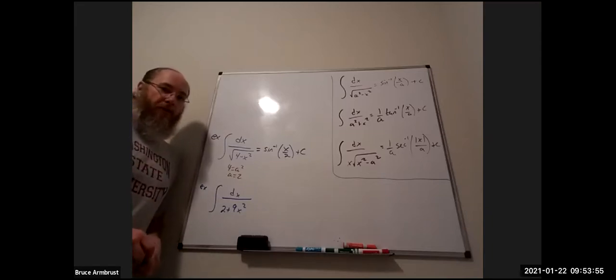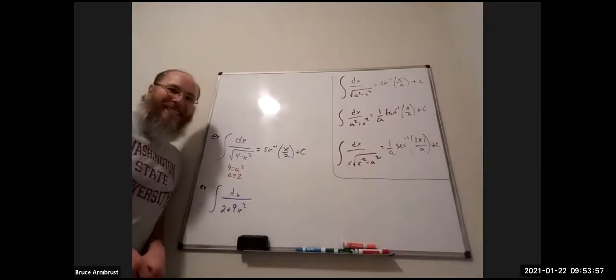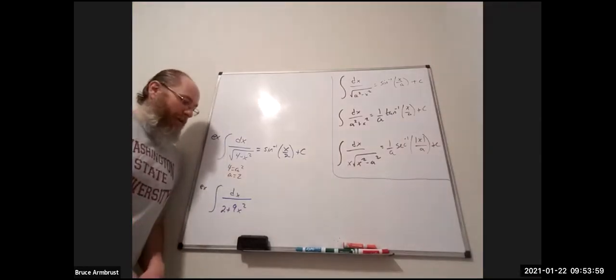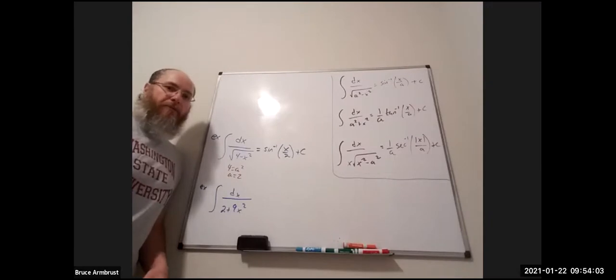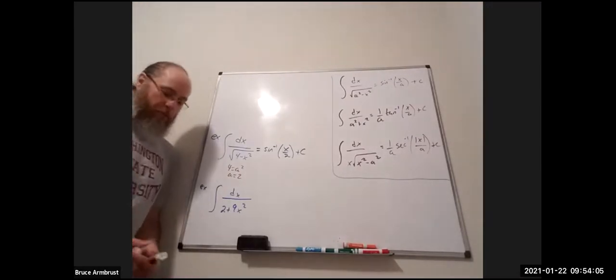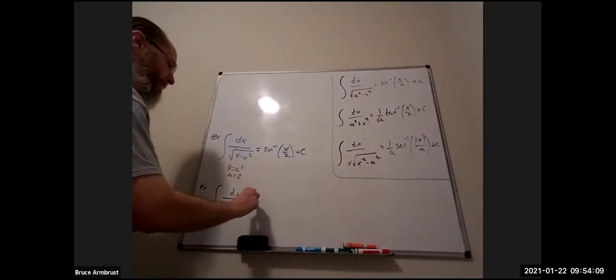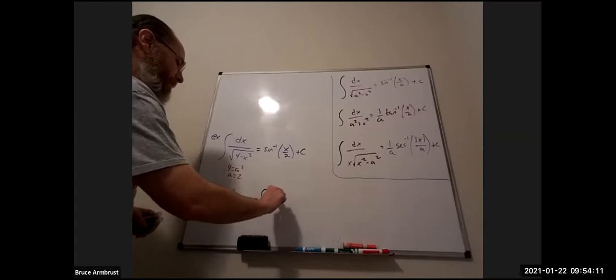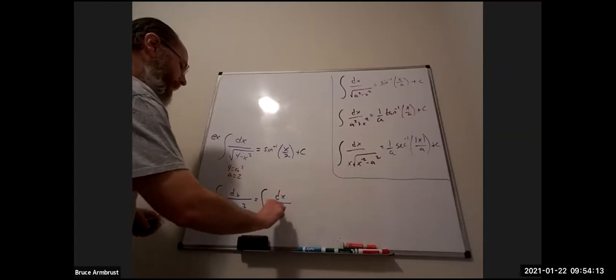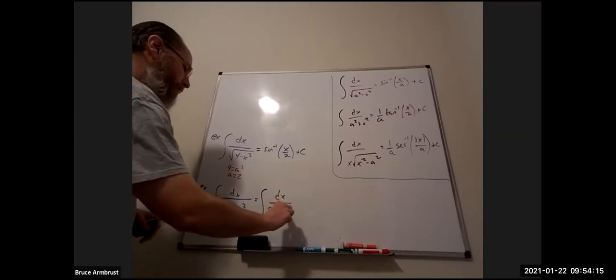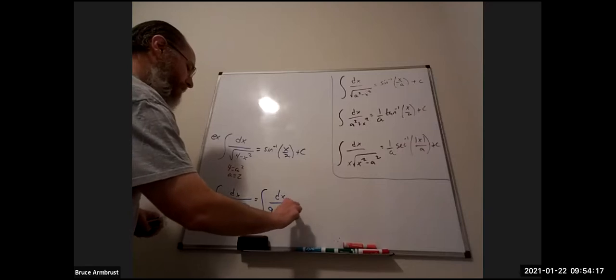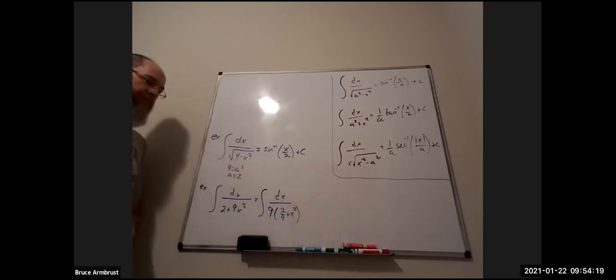So here's what I'm going to do. I'm going to do an algebra step. I'm going to divide out a 9 from the bottom, meaning I'm going to factor. So I'm going to write this instead as dx over 9 times 2/9 plus x squared.